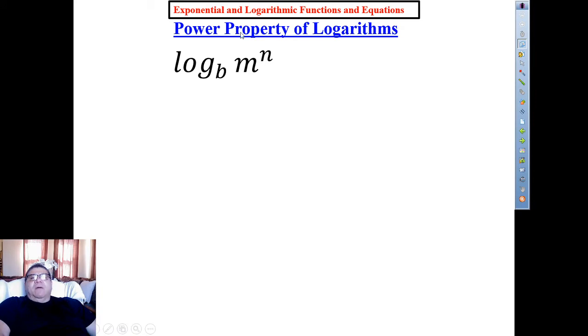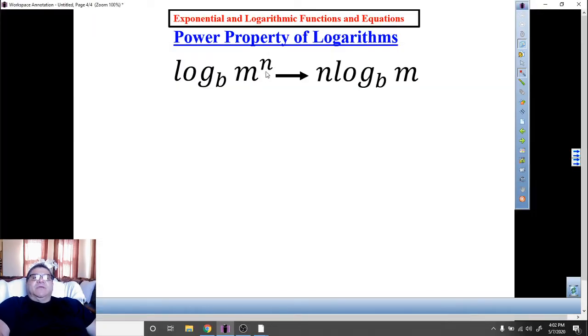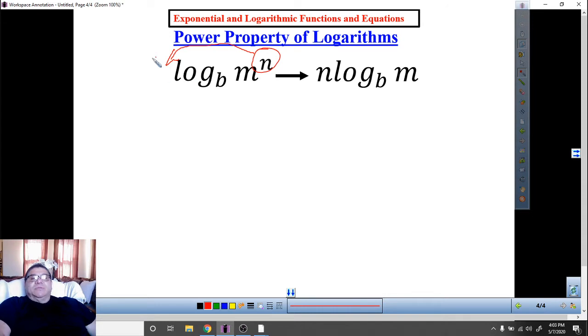Whenever it's a power property of logarithms, you write it as follows. N will be a factor in front of the entire log b of m. So what is the only thing that we did? We moved the exponent of the given number to the front to be a factor, so that it's going to multiply whatever we have here.